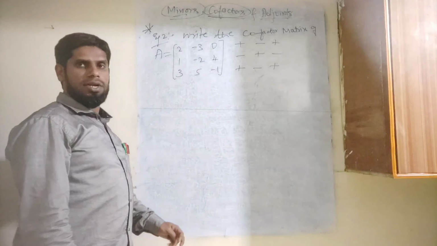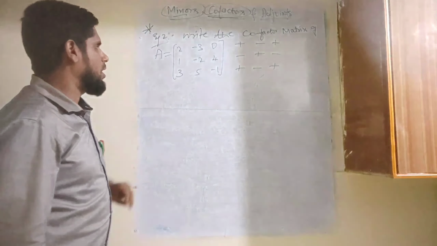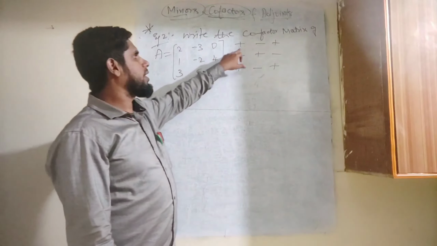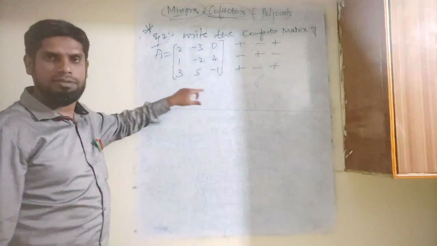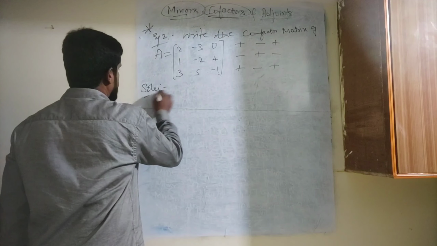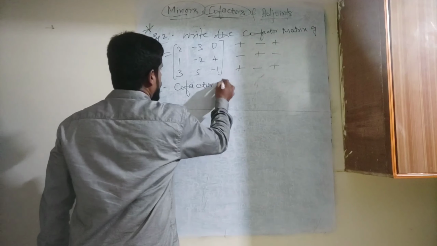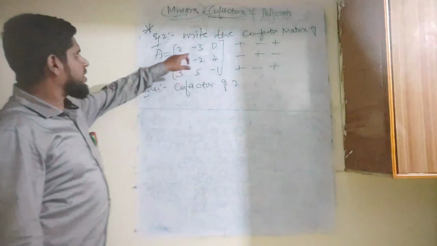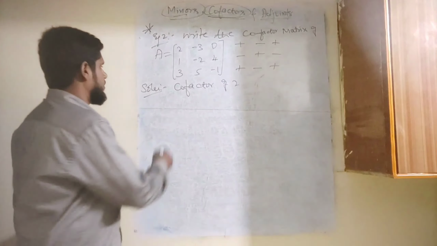So first let us try to find the cofactors of each and every element. For that, what we should do is multiply these hidden signs to the minors of these elements. First, cofactor of 2. Then what I will do, first I will write all these 9 elements, then we'll start finding them one by one.